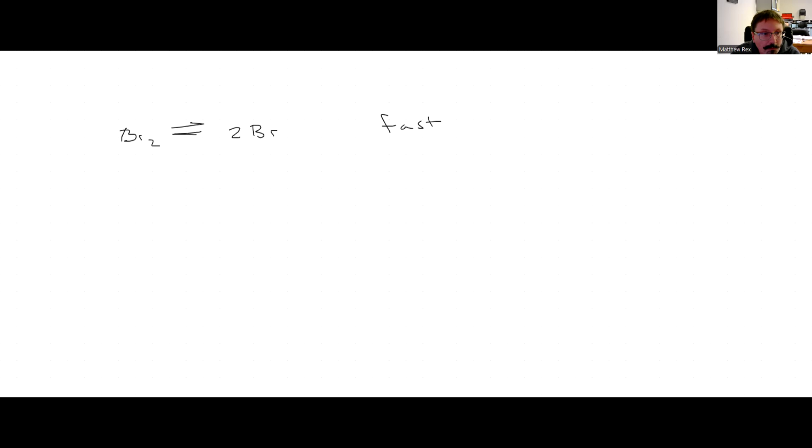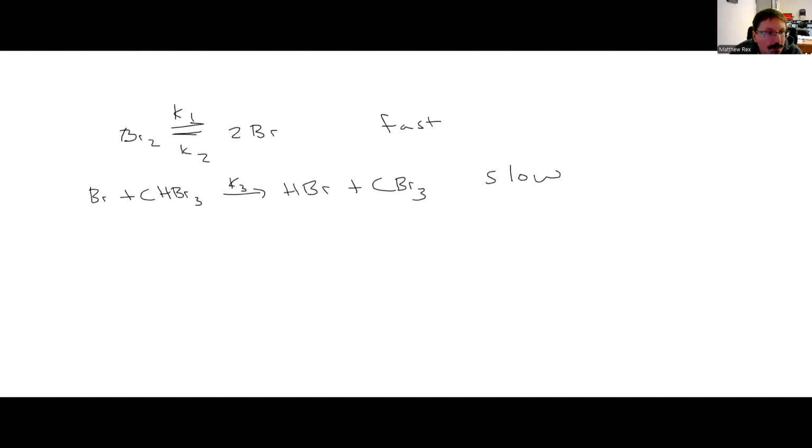Second, slow step: Br plus CHBr3 goes to give me HBr and CBr3. We can call that K1, I think this is K2, and that rate constant's K3. This is slow, so the second step is our slow, rate determining step.